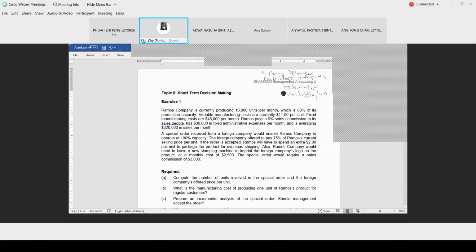So very important, as I stressed before, you have to understand the relevant and irrelevant cost, and also avoidable and unavoidable cost. If we make a decision here, either we make or buy, we accept special order, we keep or drop, or we sell as is or further process.